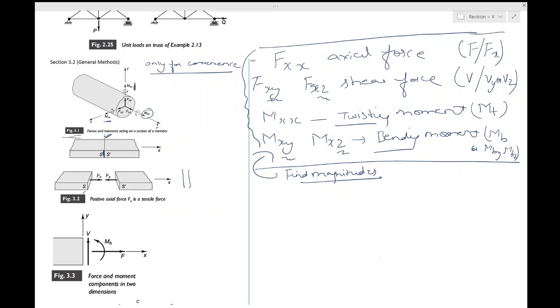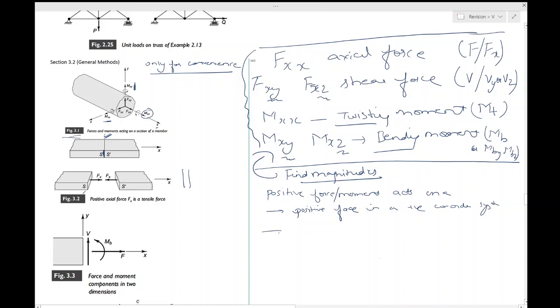So a positive force or moment acts on a positive face in a positive coordinate system.